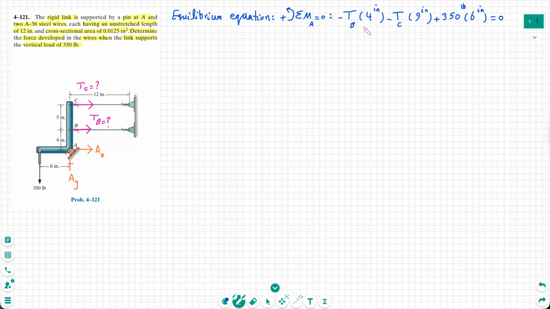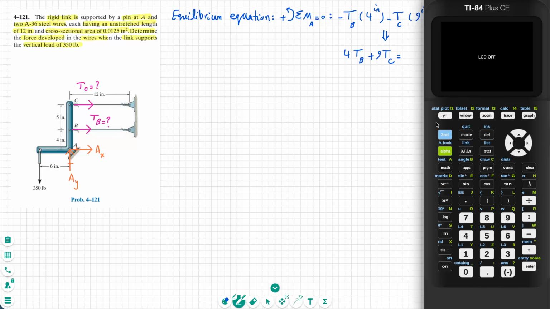And if I rearrange and simplify more from this, we can get this equation. If I move this to the other side, plus 9 TC equals 350 times 6.